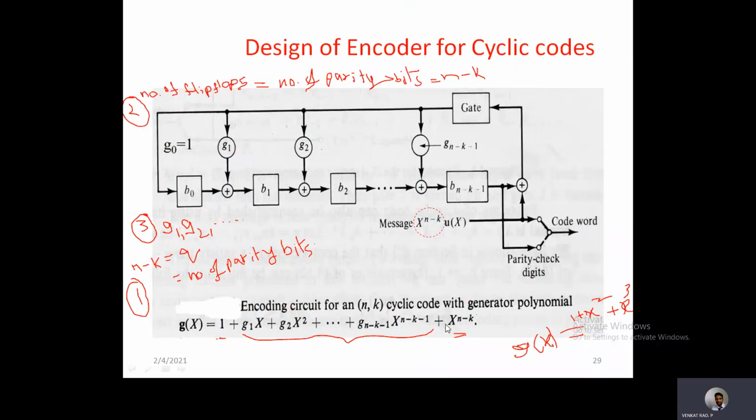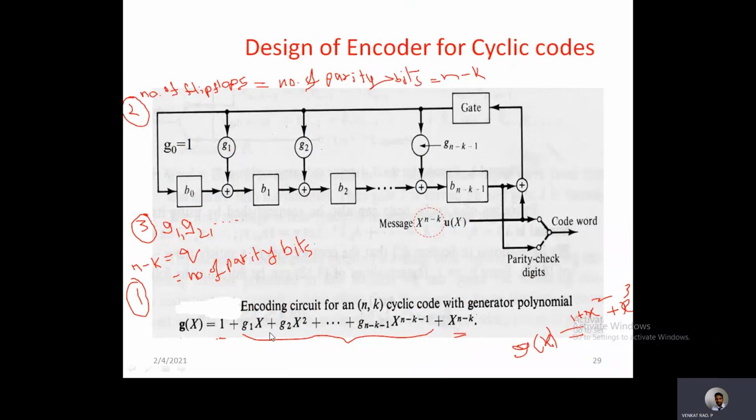In between these two terms, there will be generator coefficients which are multiplied with x terms. But for 1 and x power n minus k there are no coefficients. Only the coefficient starts from here, that is g1 into x, and then increases: g2 into x square, g3 into x cube, g4 into x power 4 and so on.